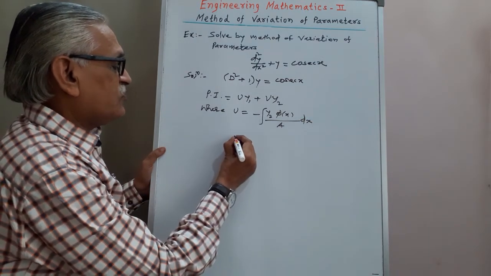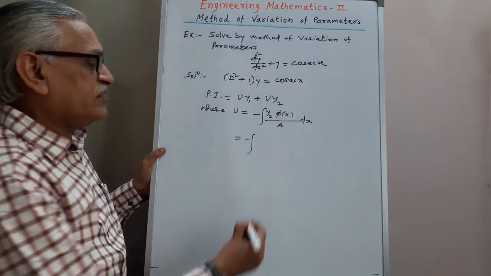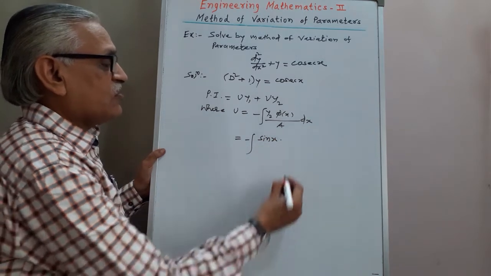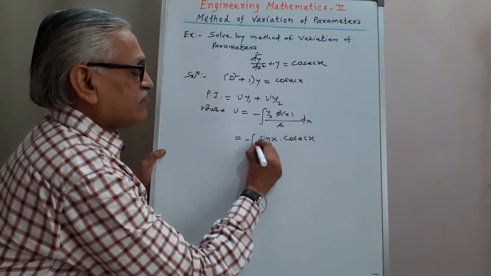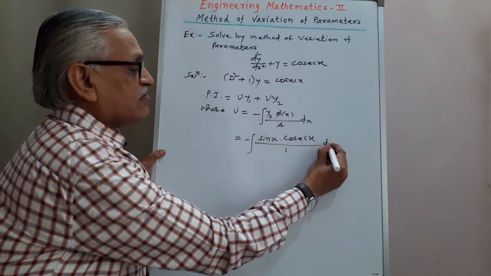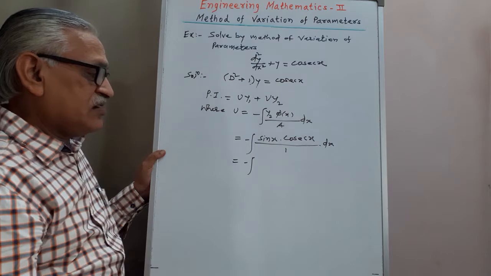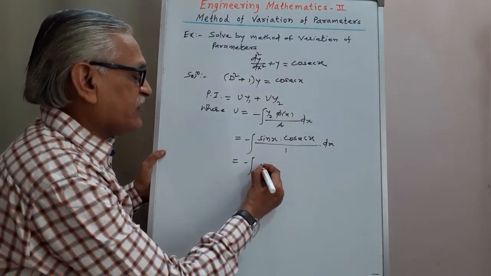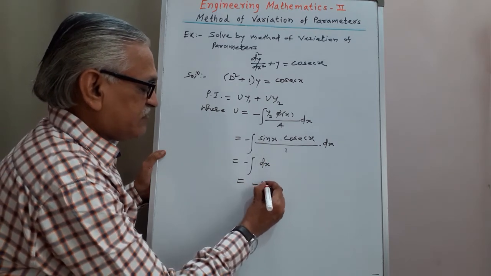Therefore, we get minus the integration of y2, which is sin x, into phi of x, which is cosec x, divided by A, where the value of A is 1. Cosec means 1 by sin, therefore sin and cosec get cancelled. We get minus the integration of dx, and that is minus x.